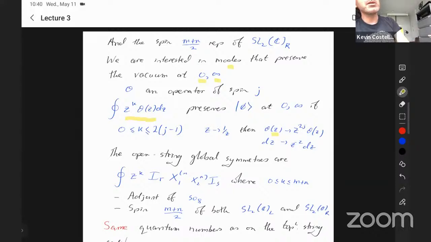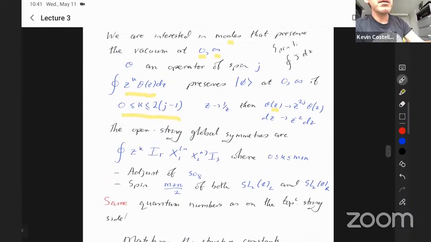You find it preserves the vacuum at infinity if k is in this range, where J is the spin of my operator. So for example, if I had a spin 1 operator, then only that is in the algebra.